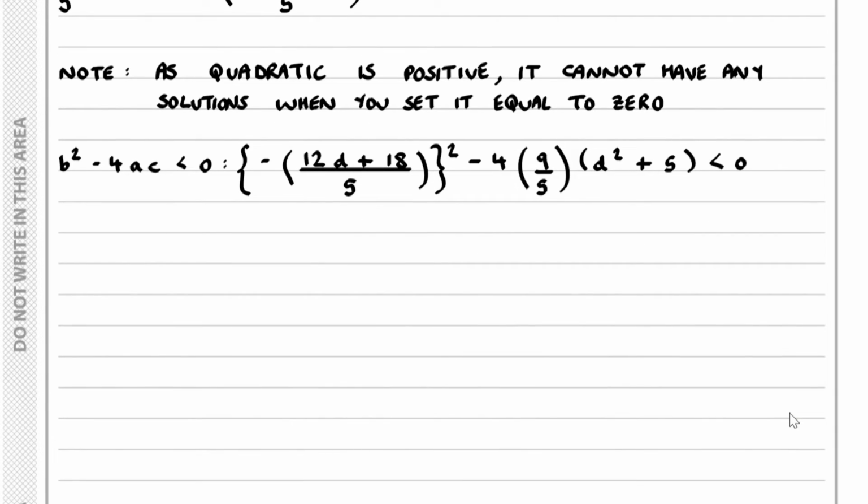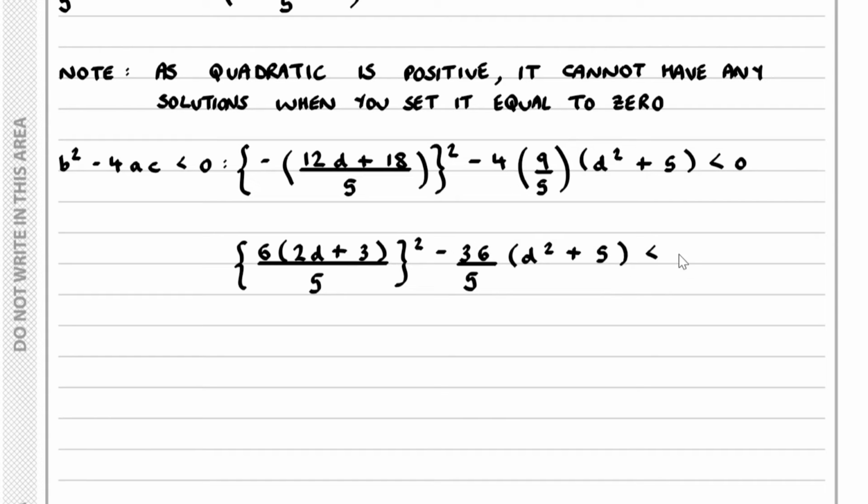If we try to simplify, minus 1 all squared is just going to be 1. And if I factorize out a 6 from the 12d plus 18, what we would have then is 6 multiplied by 2d plus 3 all over 5, squared, minus 36 over 5 multiplied by d squared plus 5. This is less than 0.